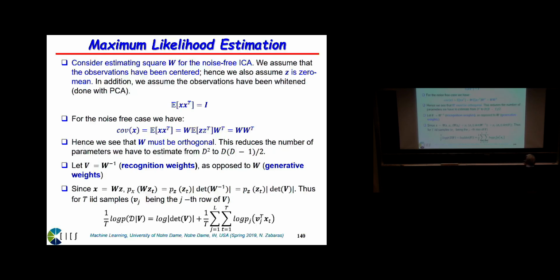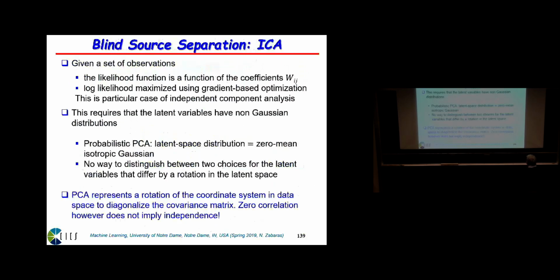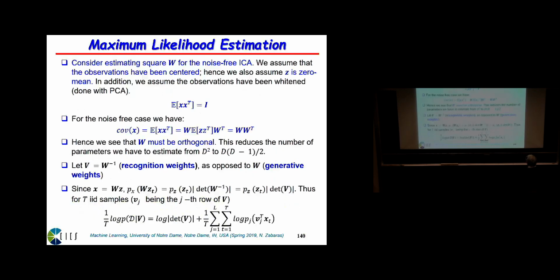If you compute the covariance of X, and X is W times Z, and we have already assumed that the covariance of Z is equal to I, you can immediately see that this W matrix is orthogonal. So from this calculation, with the assumption that the data X are whitened, and the assumption on Z, W is an orthogonal matrix.